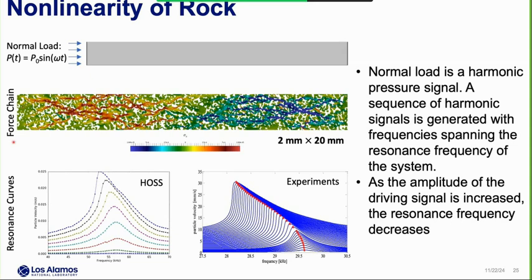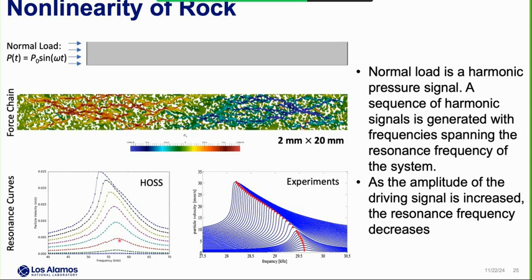We apply a sine wave on one end and record the velocity on the other end of that microstructure. And we did the FFT, and we observed a similar behavior as the experiment, which is shown in the bottom left picture.